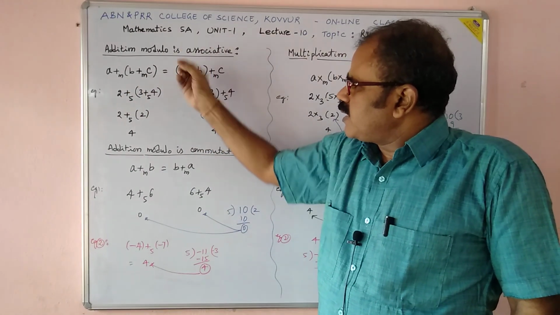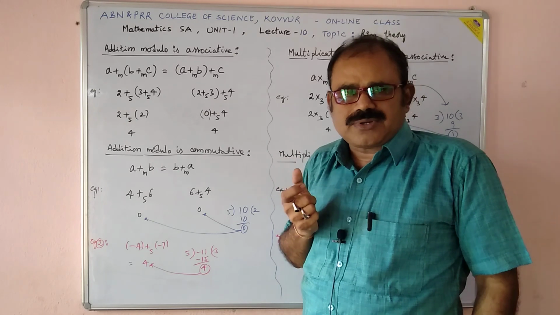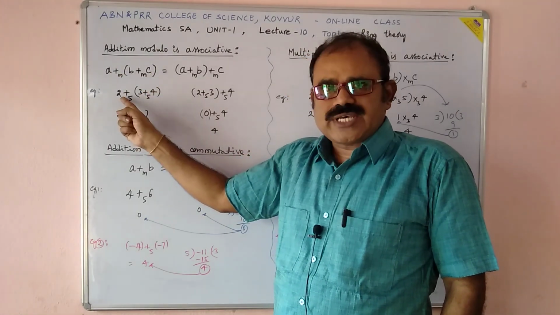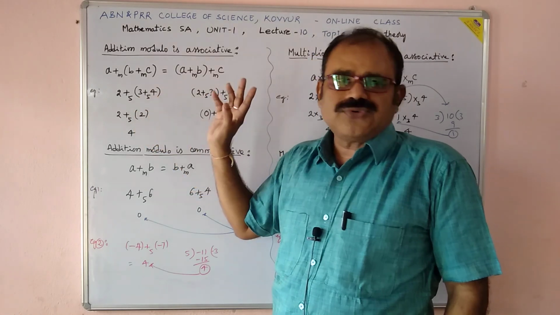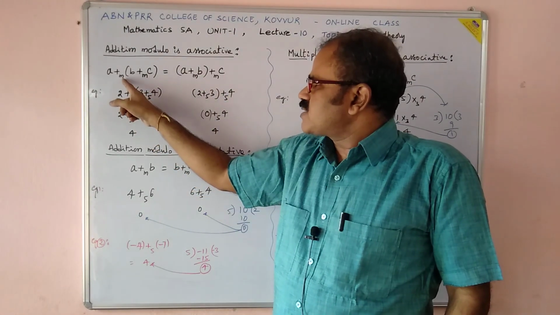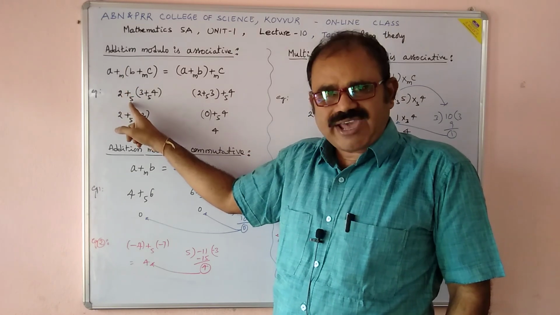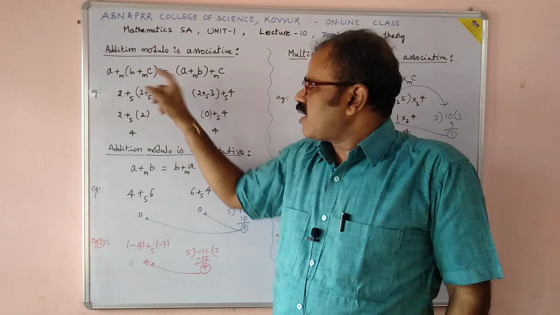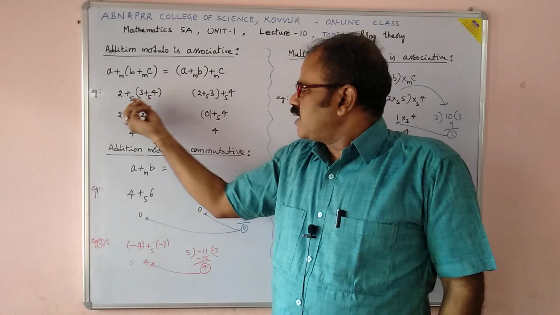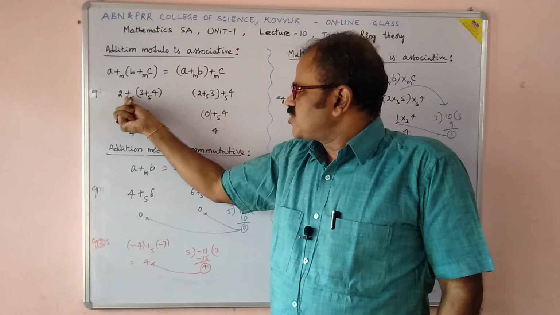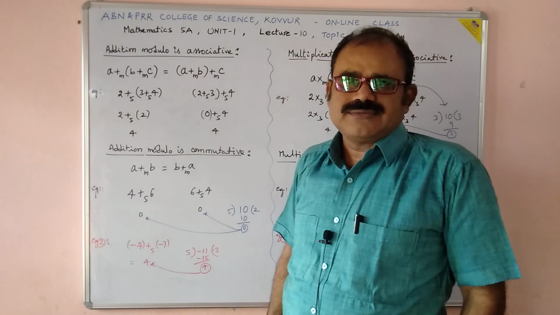Let us pick up a small example. In place of A, B, C, I have chosen 2, 3 and 4. In place of the positive integer m, I have chosen 5. So, 2, 3, 4 are integers, m is 5, and the operation is addition modulo 5.